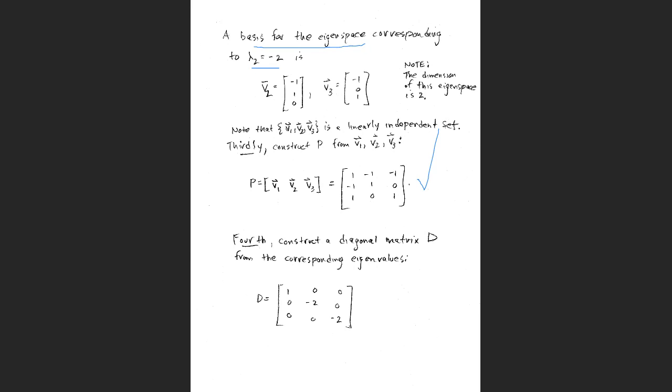Now we construct our matrix P. And there are 3 eigenvectors. Okay, give you a moment to catch up here.